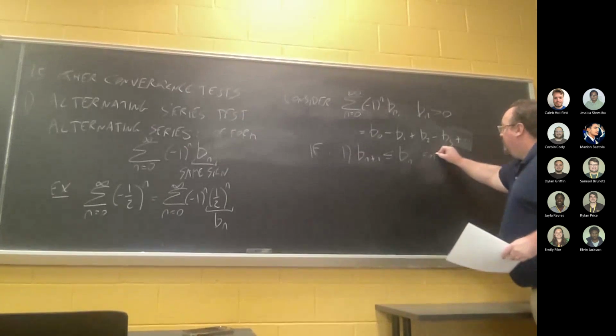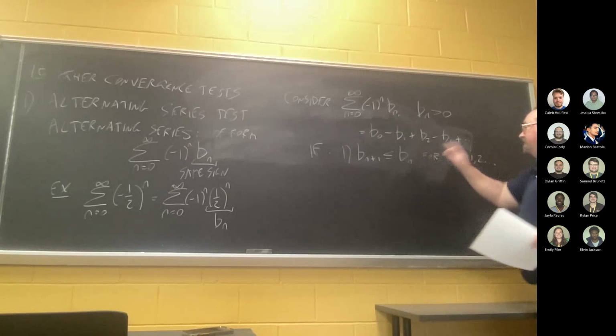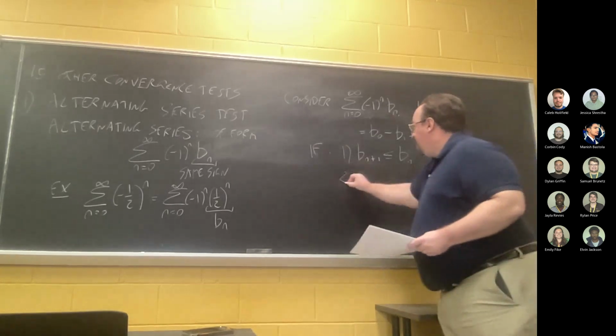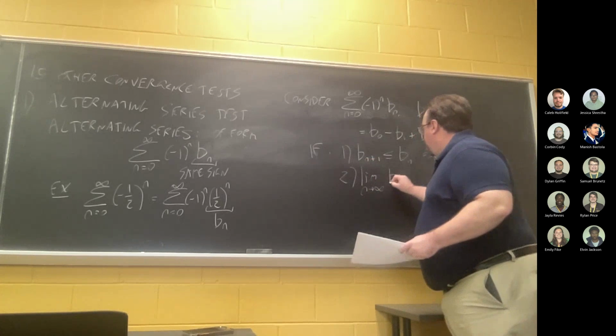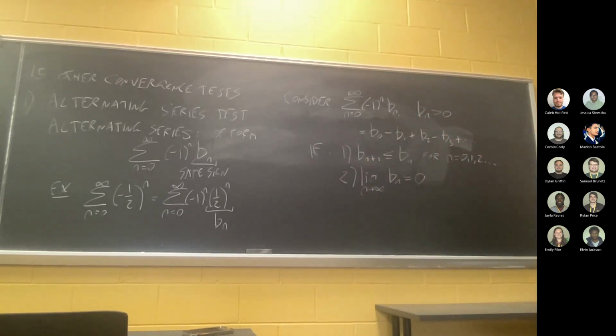And this has to be true for all indices n. And these numbers bn have to go to 0.